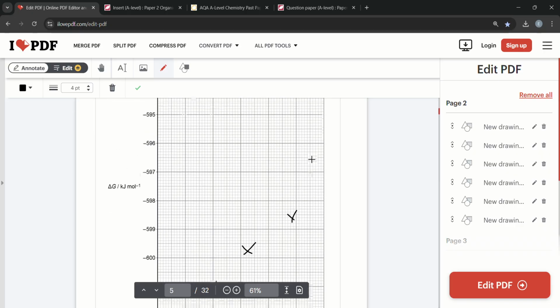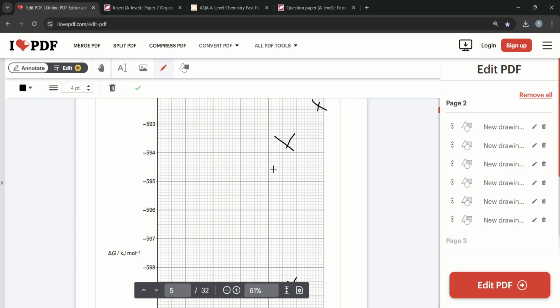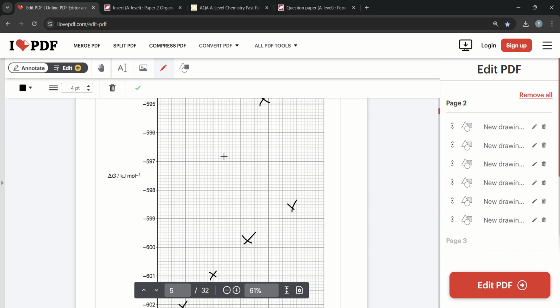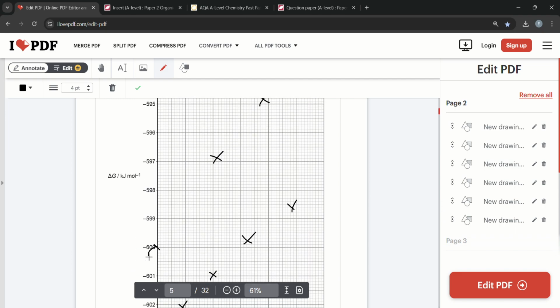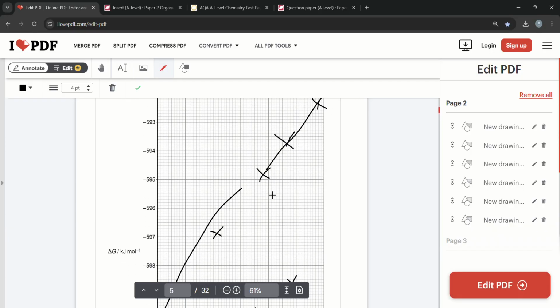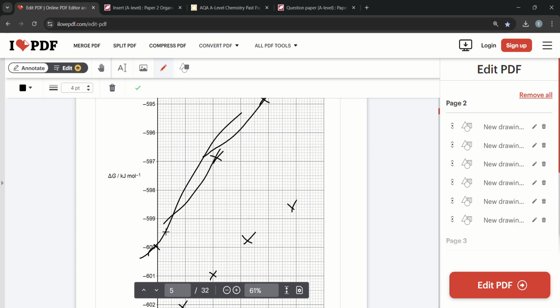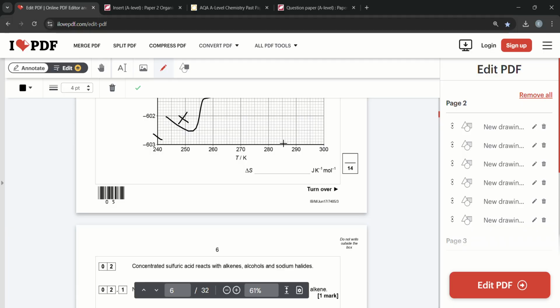It should actually be a lot higher, minus 592 here. Not completely accurate, but you should get the point: it should be a straight line. This is testing your graph skills.